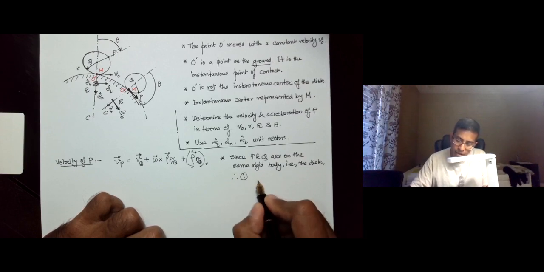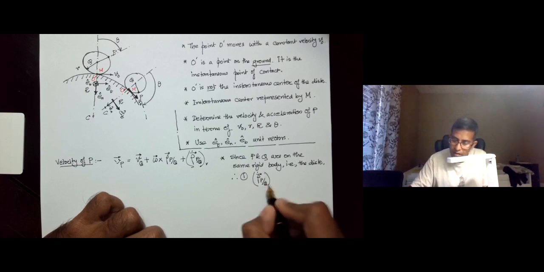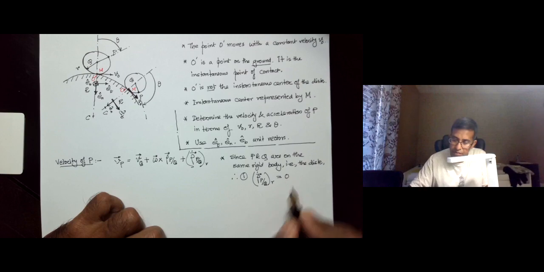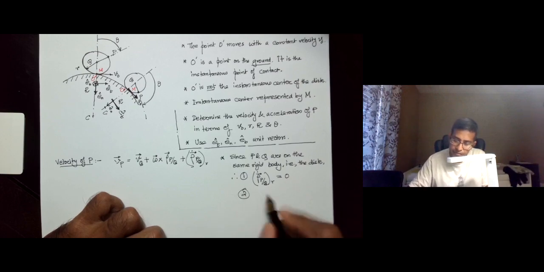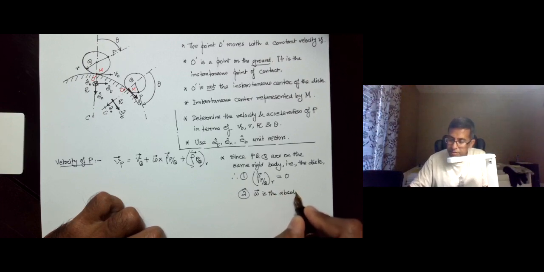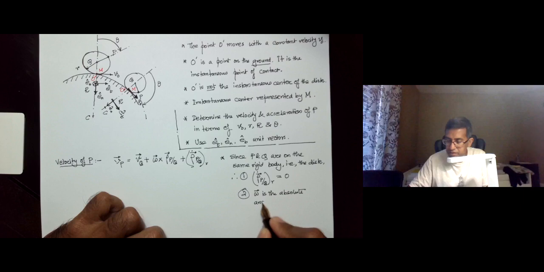Number one, rho P with respect to Q dot R is equal to 0, and number two, omega is the absolute angular velocity of the rigid body, which in this case is the disk.